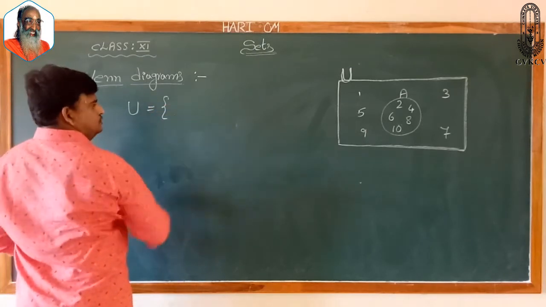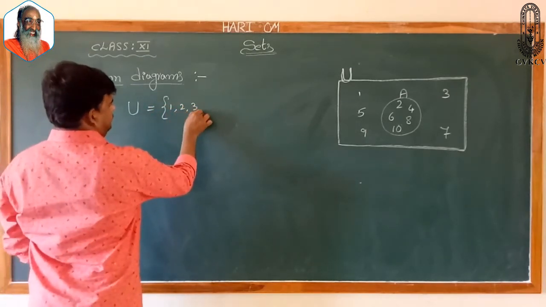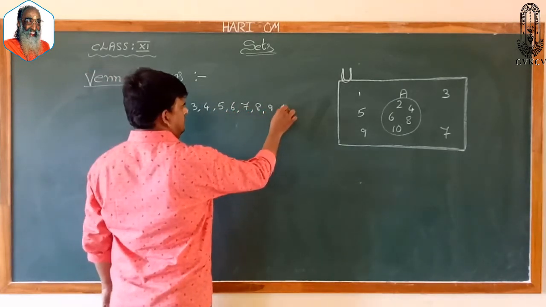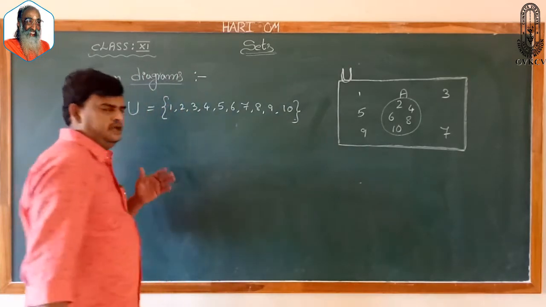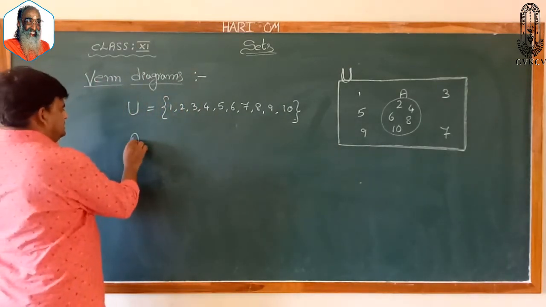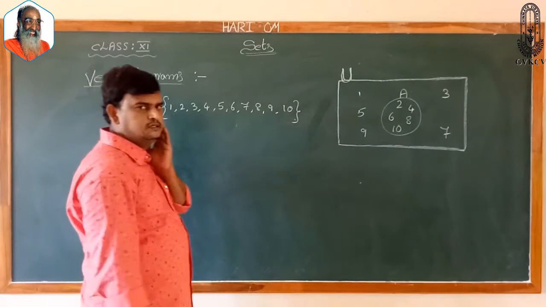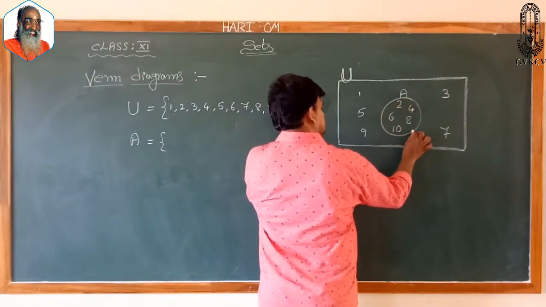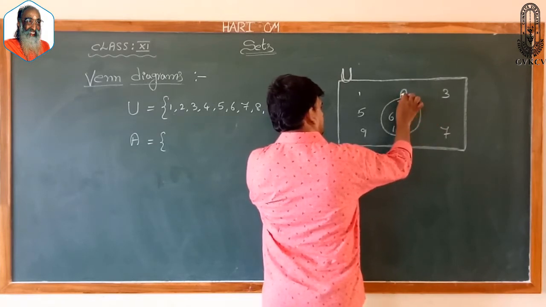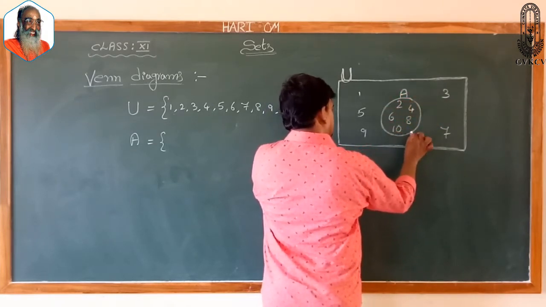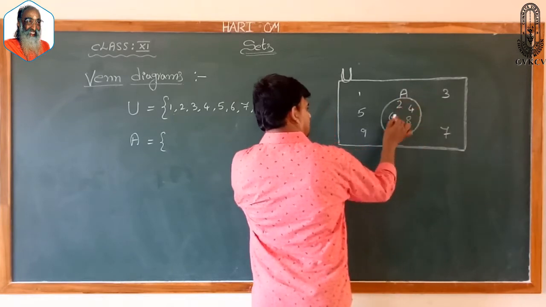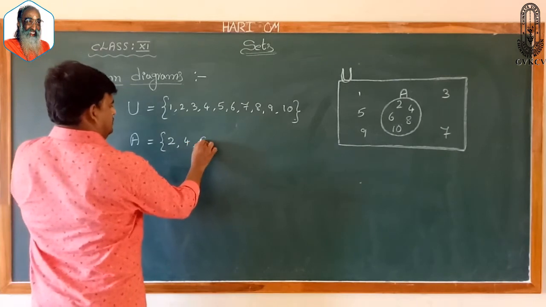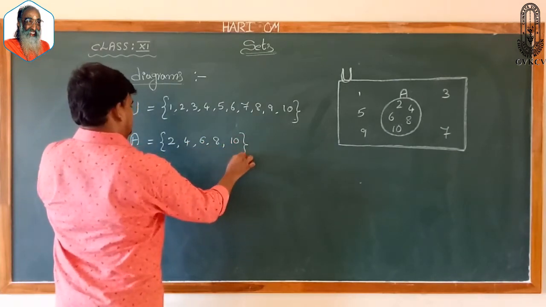Universal set U is equal to 1, 2, 3, 4, 5, 6, 7, 8, 9 and 10. Now what is the set A? Set A means the circle. This shape represents the set A. Now within the circle, what are the elements we have? 2, 4, 6, 8, 10.